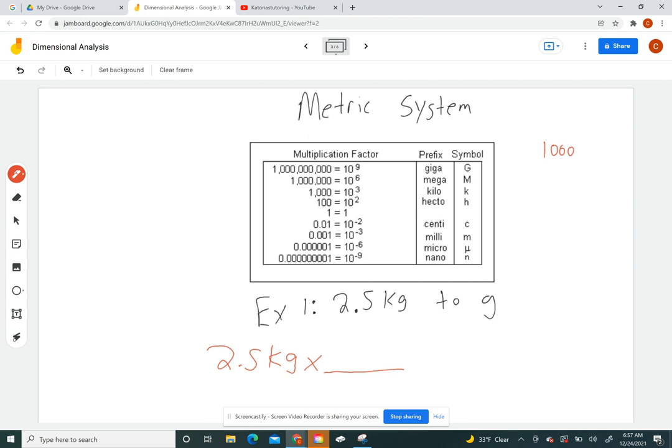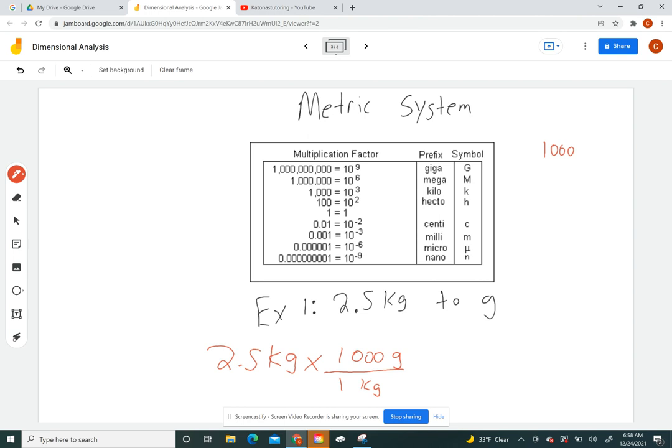So I know 1 kilogram is 1,000 grams. Also keep in mind, when we're going from a big unit to a small unit, that number should be bigger. If we're going from a small unit to a big unit, that number should be smaller.